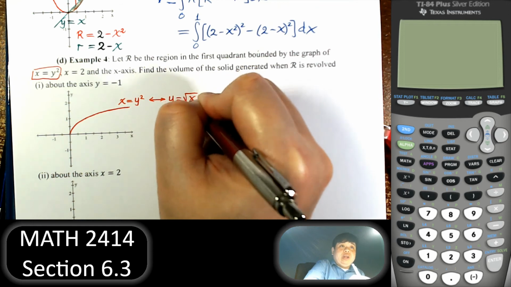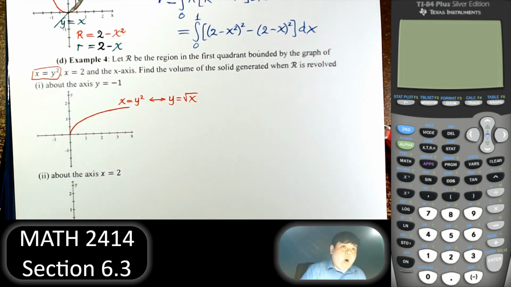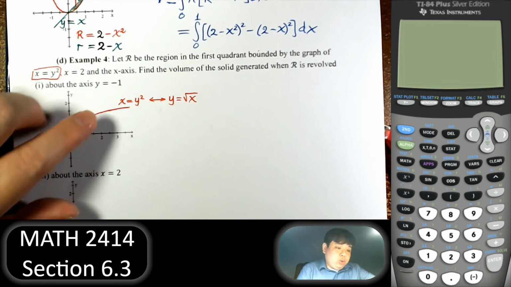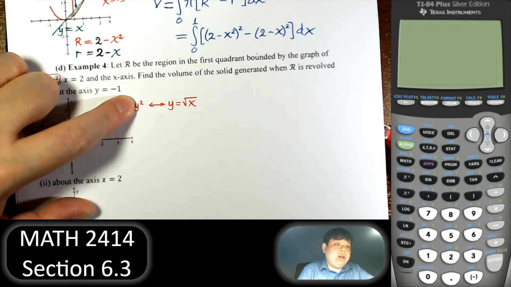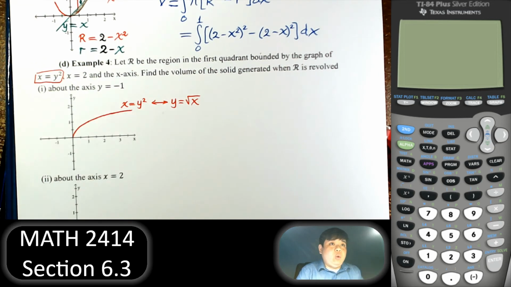We don't know if we need to use x or y. If we're going to use dy, it's going to be y squared. If we're going to use dx, it's going to be square root of x. And x equal to 2, that is the vertical line.